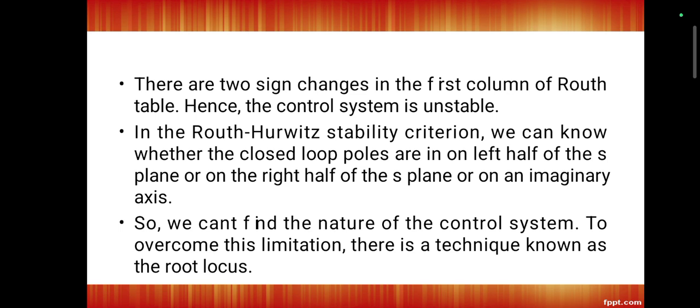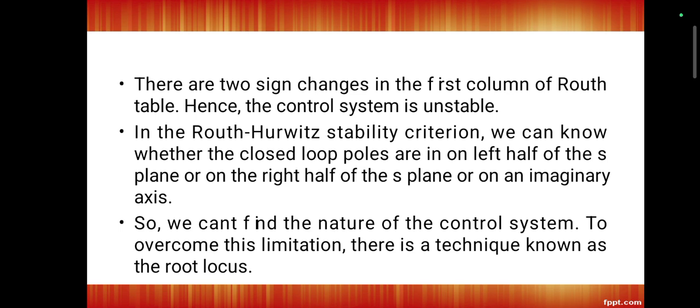In the RH stability method, we can know whether the closed loop poles are in the left half of the S-plane, the right half of the S-plane, or on the imaginary axis. To overcome the limitations of the RH, we move to the next technique, which is called root locus.